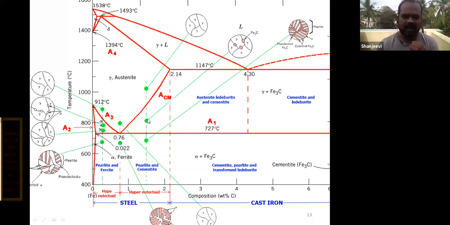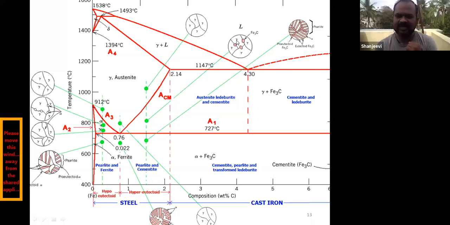Now, if I want to know what kind of phase is there at this particular point, you can see austenite is stable, but also small circles are there. Those circles are called cementite, Fe3C. That is iron combined with carbon, which may form a carbide.